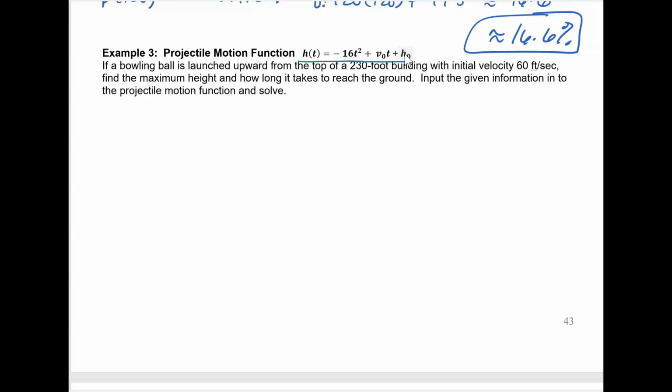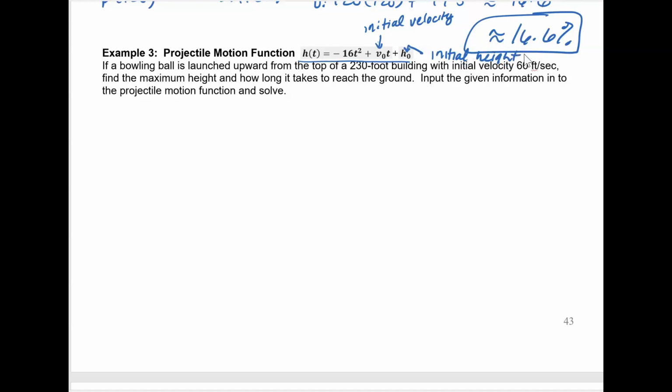I just want to point out, this v, we call it v naught or v sub 0. This is initial velocity. You're going to need to come back to this later because in your homework you're going to also use this. And this h sub 0, that's your initial height. As you read the problem, I want you to jot those down because we're going to need to plug those in.